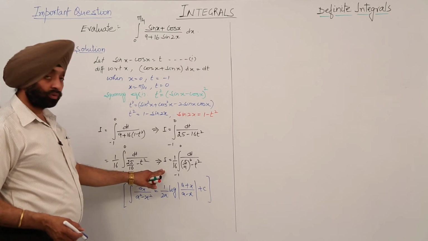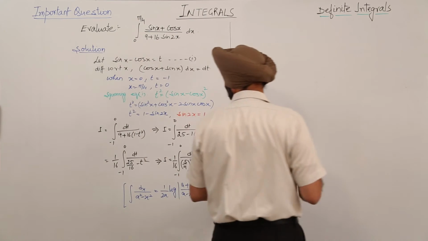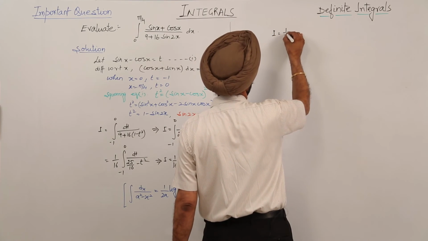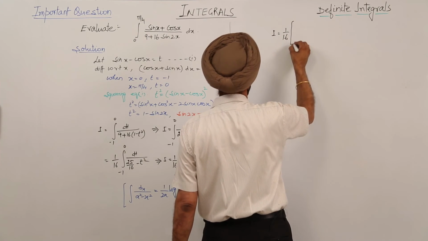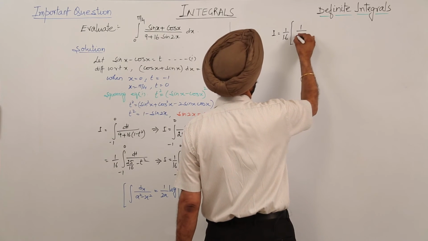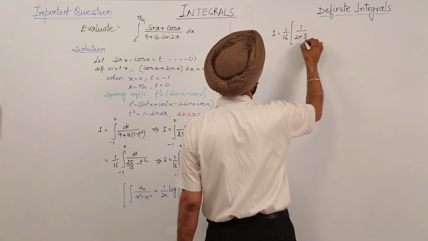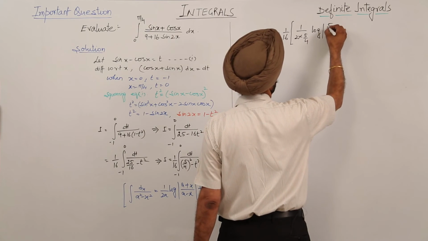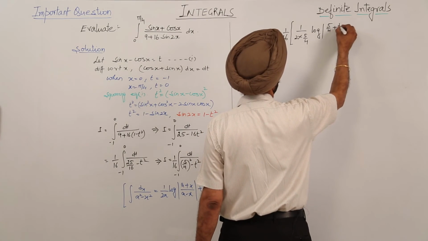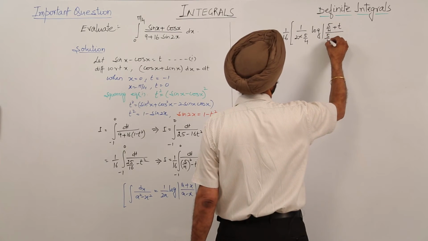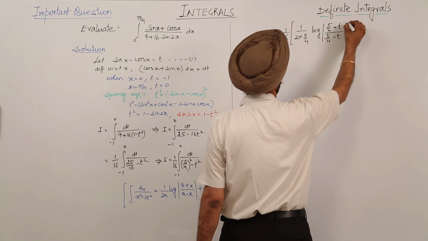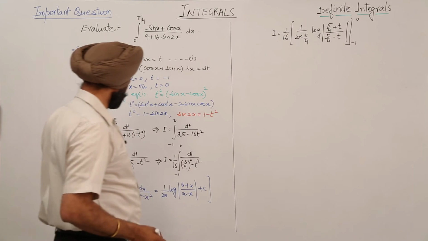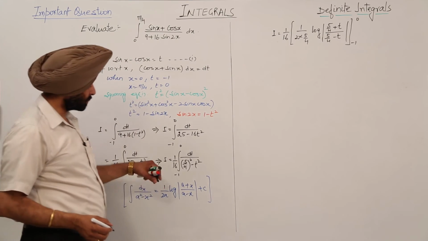Now this formula we are going to use here. This is equal to 1 upon 16 with 1 upon 2 into 5 by 4 log mod of (5 upon 4 plus t) upon (5 upon 4 minus t) on minus 1 to 0. Is it clear? Using this formula here, okay.